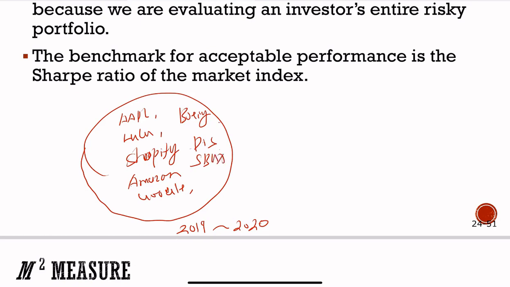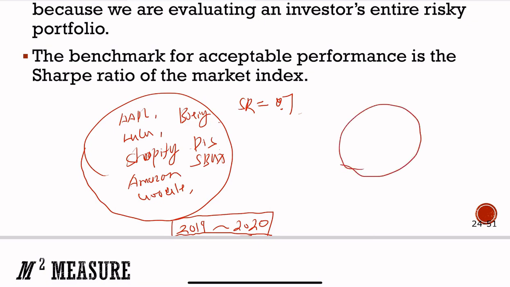And then at the end of 2020, you calculated this portfolio has a Sharpe ratio of 0.7. Now, is this 0.7 good or bad? Well, what you can do is, now you look at S&P 500, the US large market index.